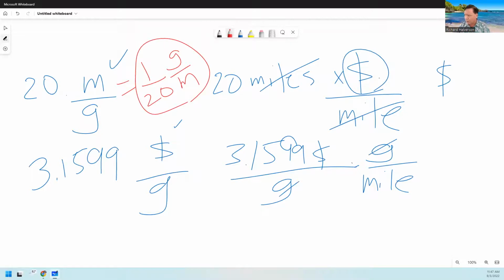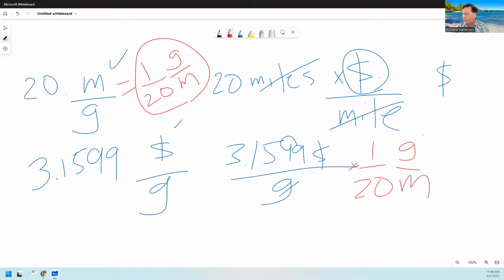So we multiply by 1/20 gallons per mile.